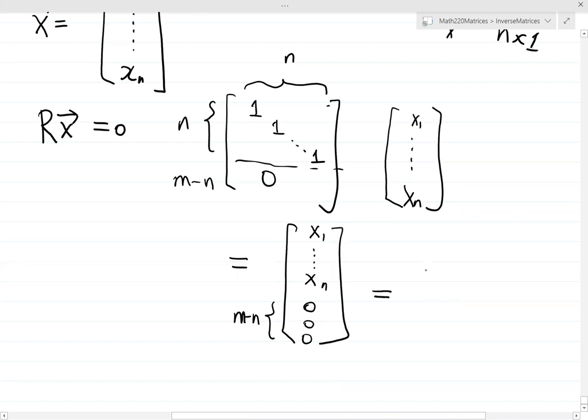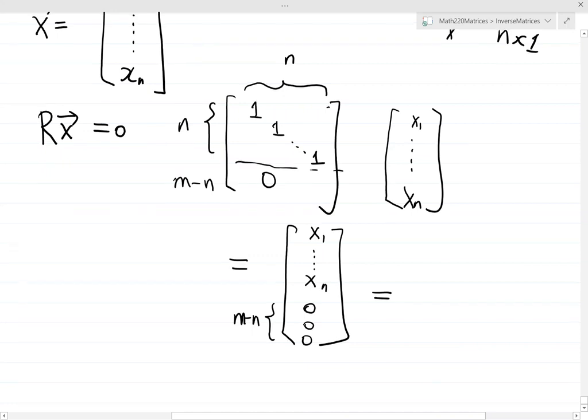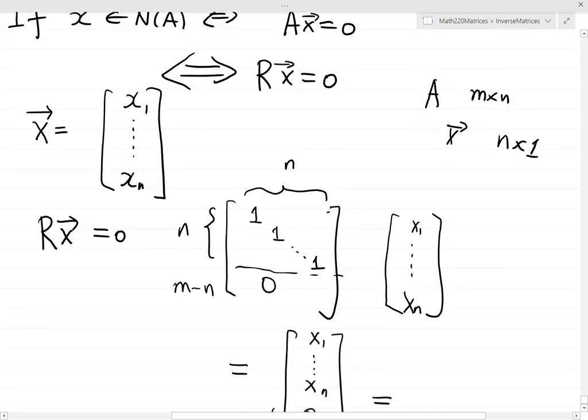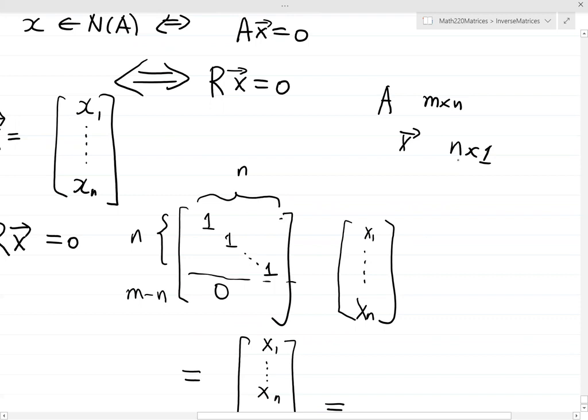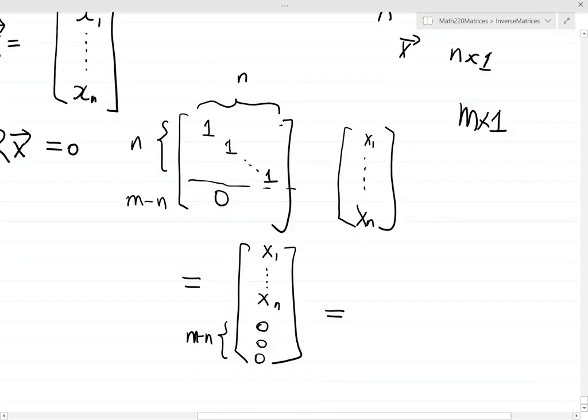So we plug in an n by 1 vector x. Then what we get is, you cancel this n, you get m times 1, so it's m rows. So you get x1 all the way to xn, and then a bunch of zeros, which is m minus n. So it's m rows, 1 column.